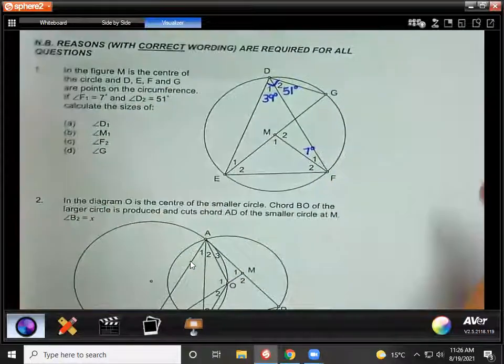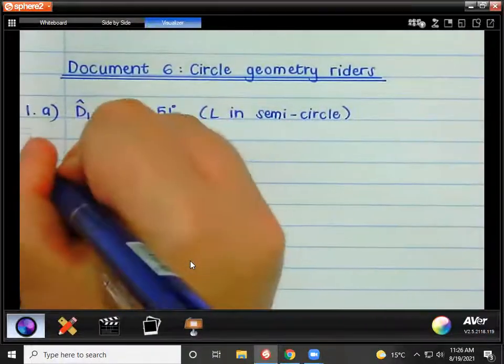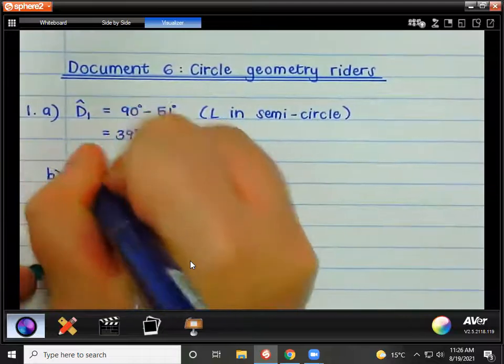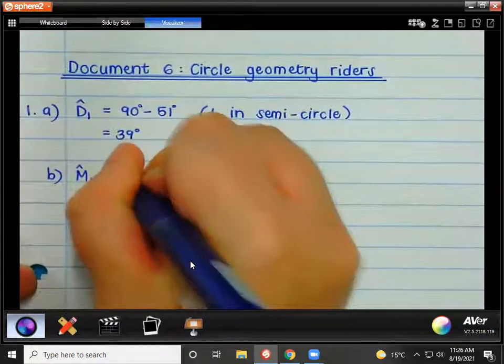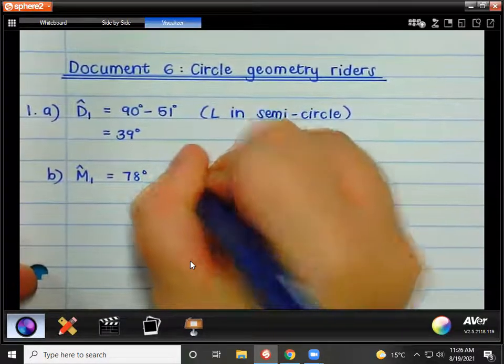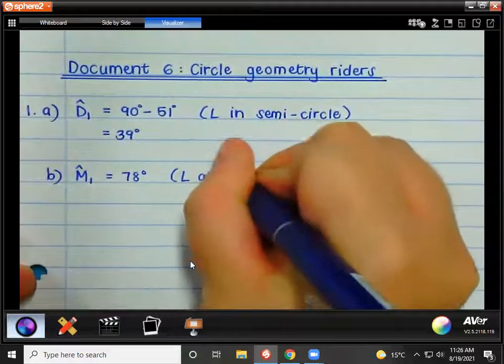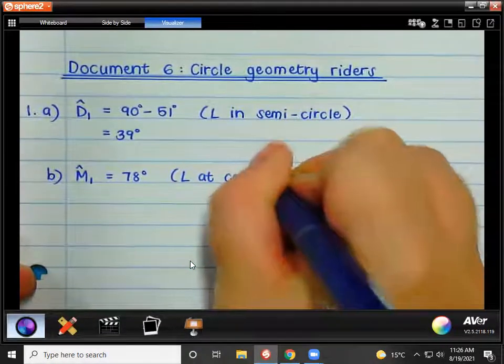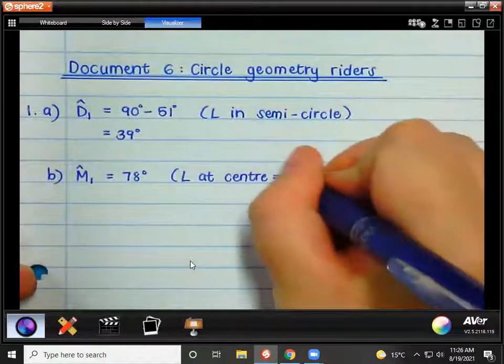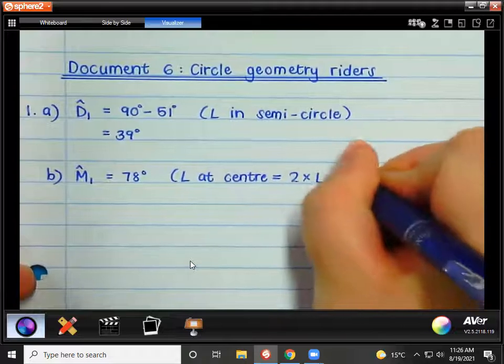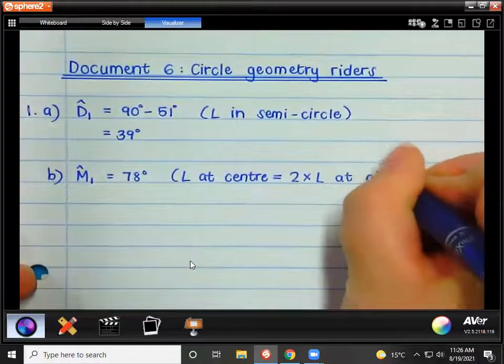What's 39 times 2? 78. All right, so M1 is equal to 78 degrees. Angle at center equals 2 times angle at circumference.